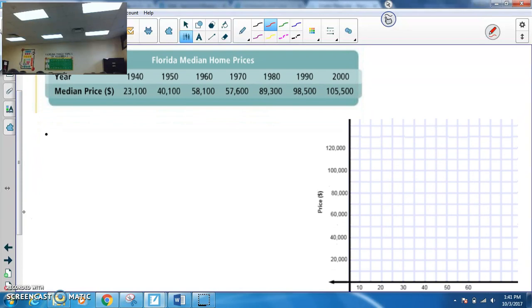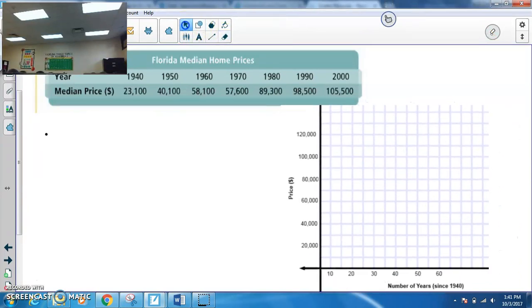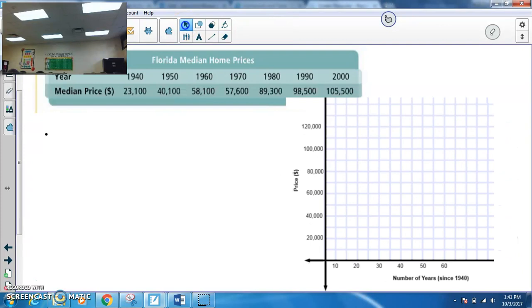So we have our graph here, set up for us. X is our number of years. Y is our median price. And we're going to graph all of our data points.